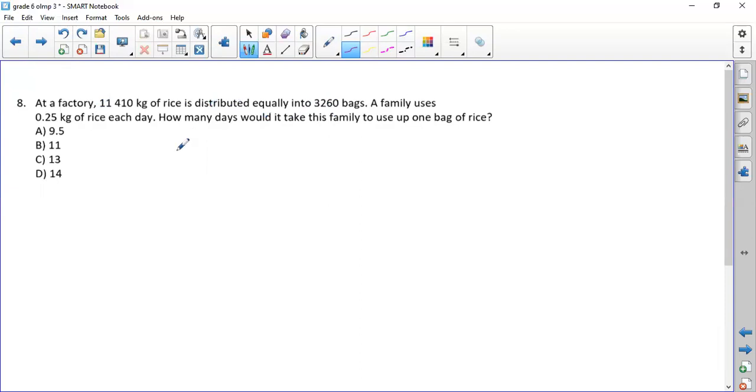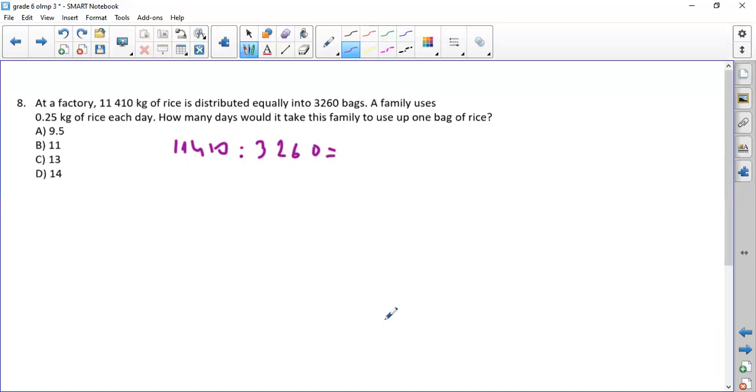Okay, for this one, I have to divide 11,410 by 3,260 bags. Okay, I have to perform this division.